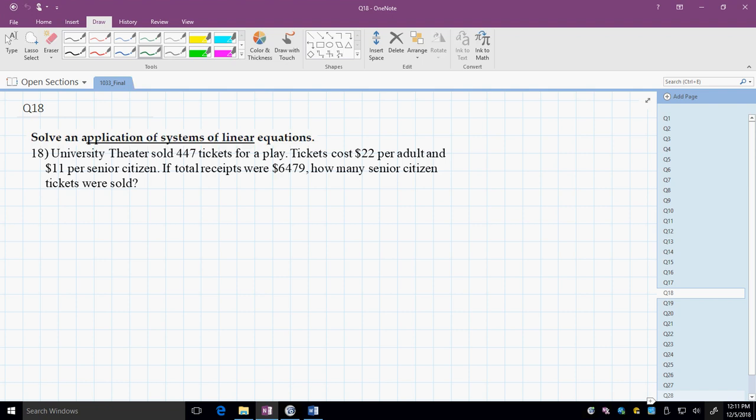We're gonna create two equations, a system of equations. They're telling me that in total we sold 447 tickets. I'm gonna call x for adults and y for seniors.